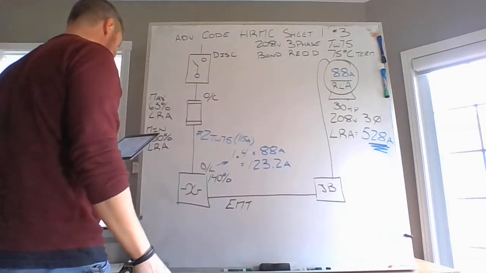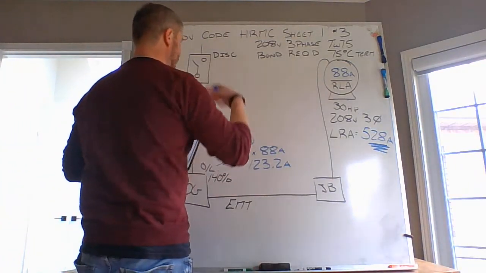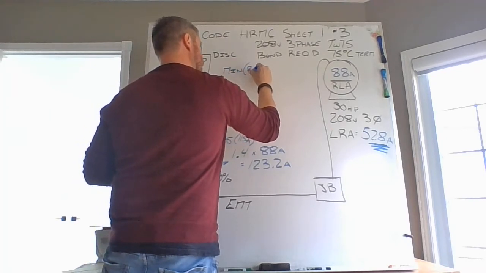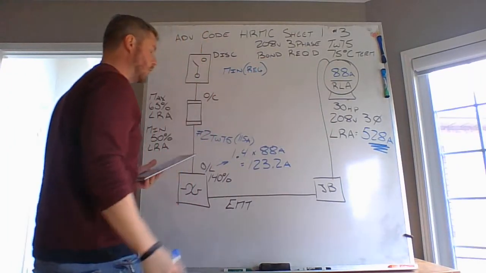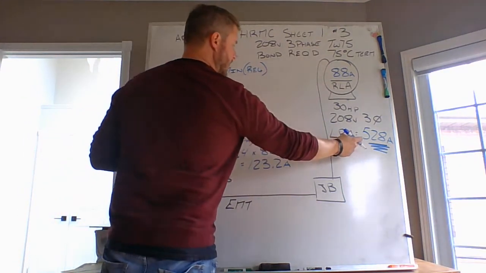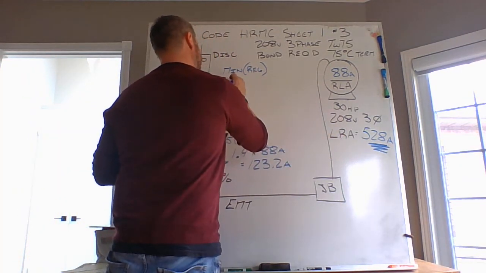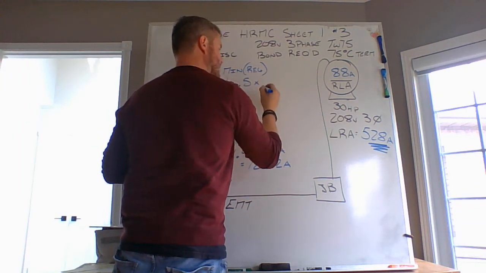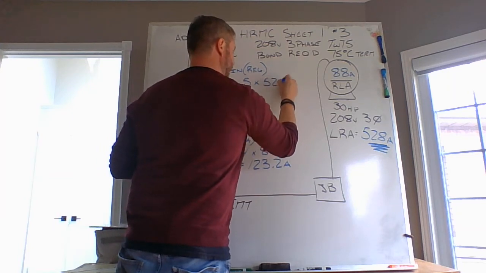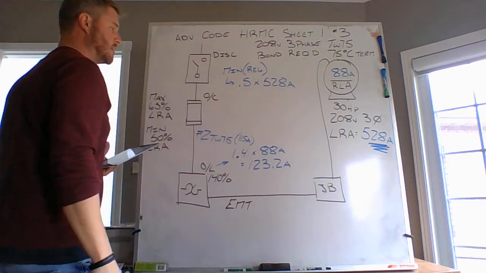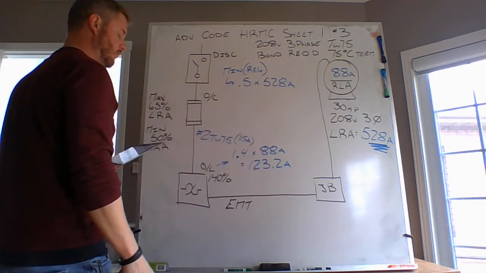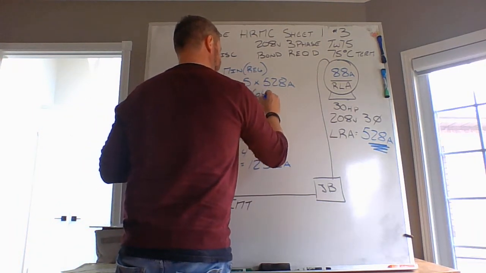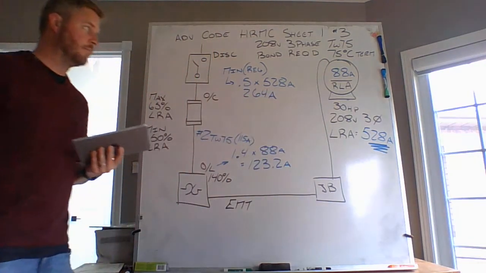Sizing overcurrent devices as a minimum or a regular installed overcurrent device, I'm looking at 50% of my locked rotor current. So that would give me 0.5 times 528 amps. Half of that, I'm looking at 264 calculated amps for that.